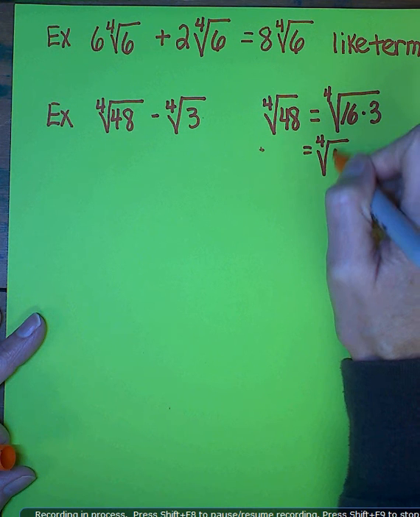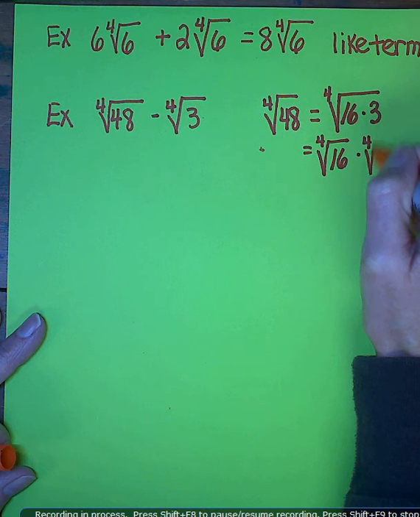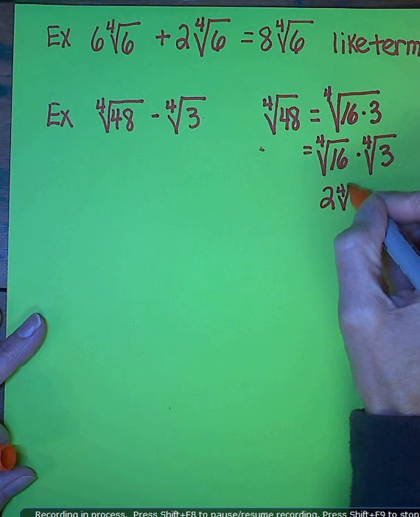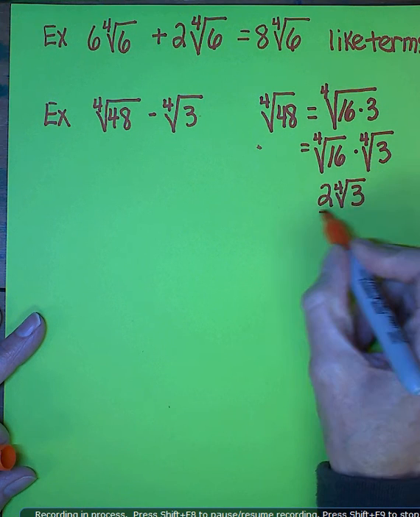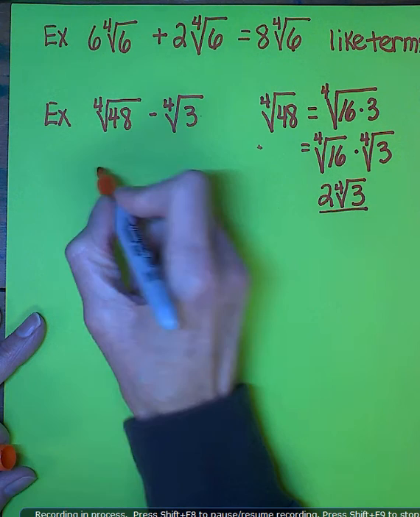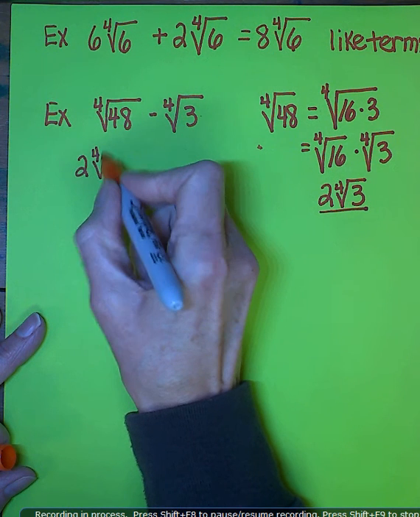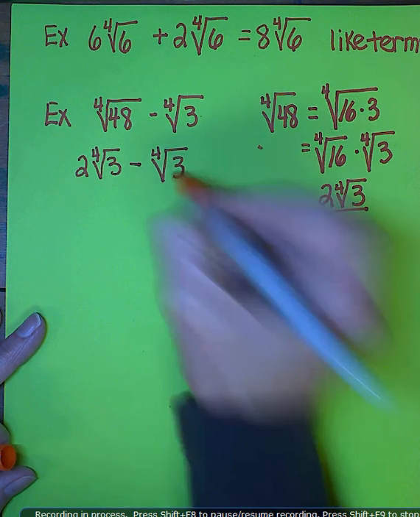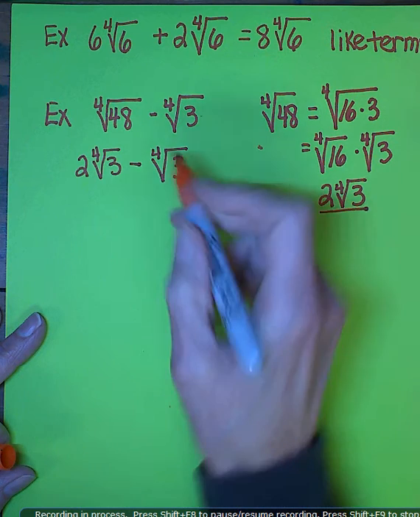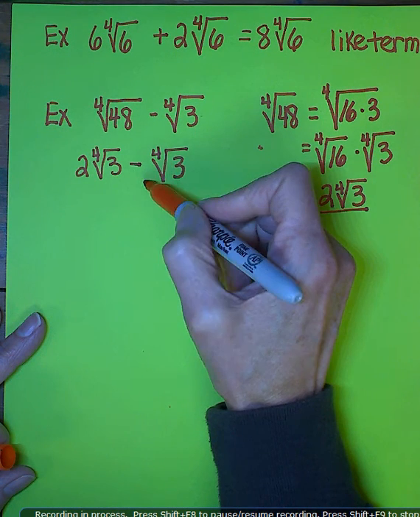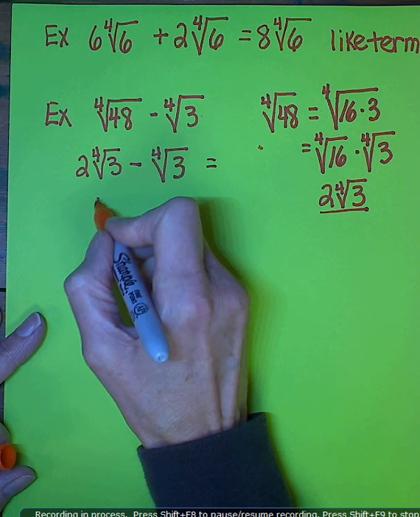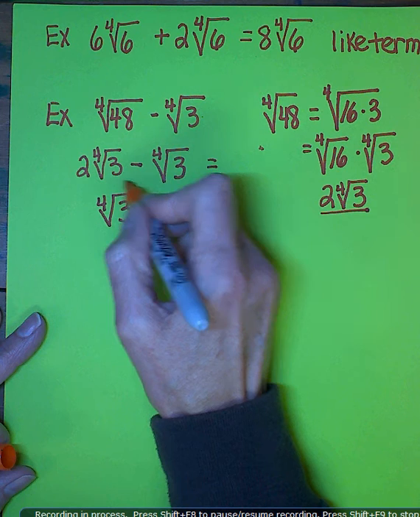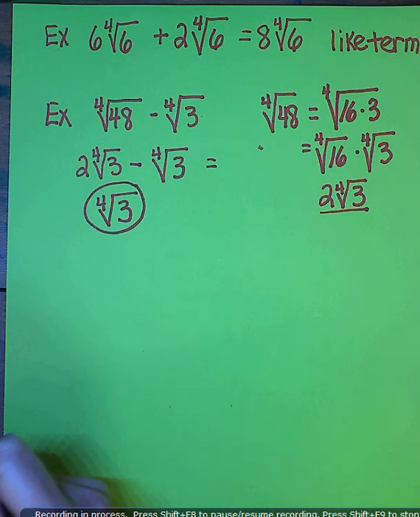So I'm going to break this apart. The 4th root of 16 is 2. So this part right here simplifies to this. Okay, so now I'm going to sub that in. Now I can subtract these because they are like terms now. 2 minus, remember there's a 1 right here. 2 minus 1 would just give me 1 4th root of 3, and that's the final answer to that problem. Okay, end of this part.